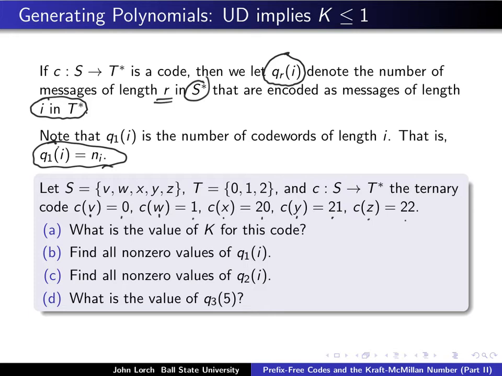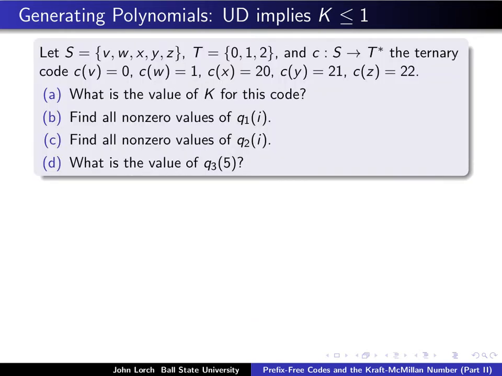So first we're going to compute the Kraft-Macmillan number for this code. And then we're going to find q sub 1 of i for all values of i, q sub 2 of i for all values of i, and then we'll also find the value of q sub 3 of 5.